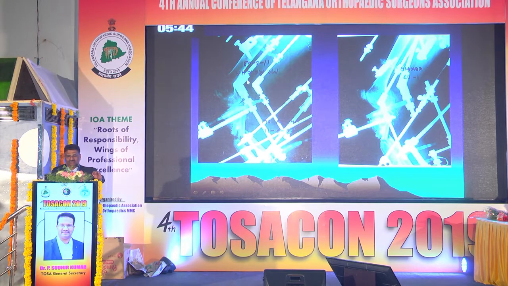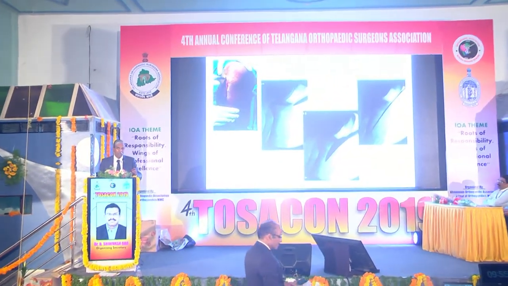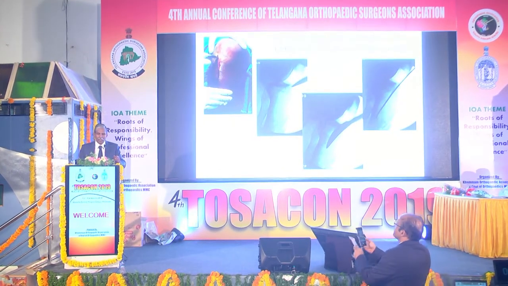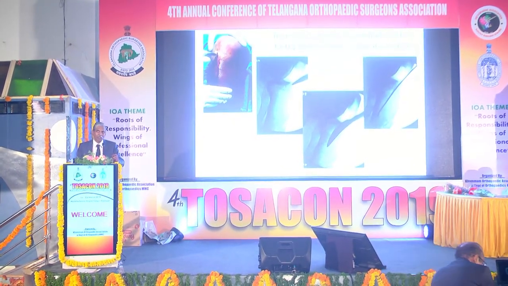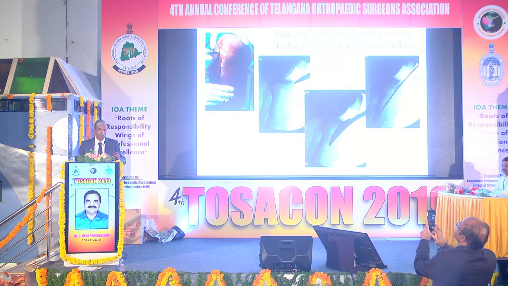There are other techniques, but I follow a simple technique. I take a lateral parapatellar tendon incision like this, and I put the C-arm in lateral view while the leg is in hanging position, and I take the dagger up to the upper end of the tibia through the incision, and I enter there.